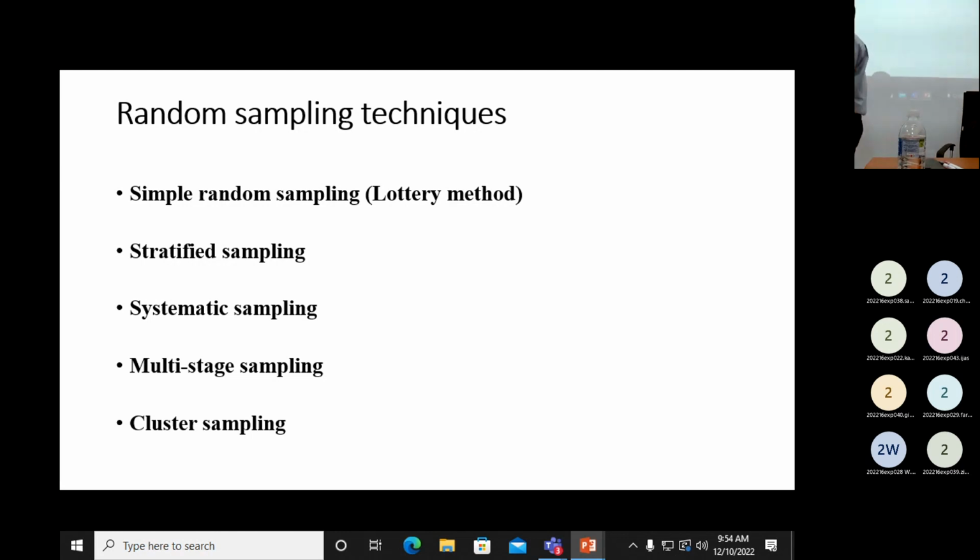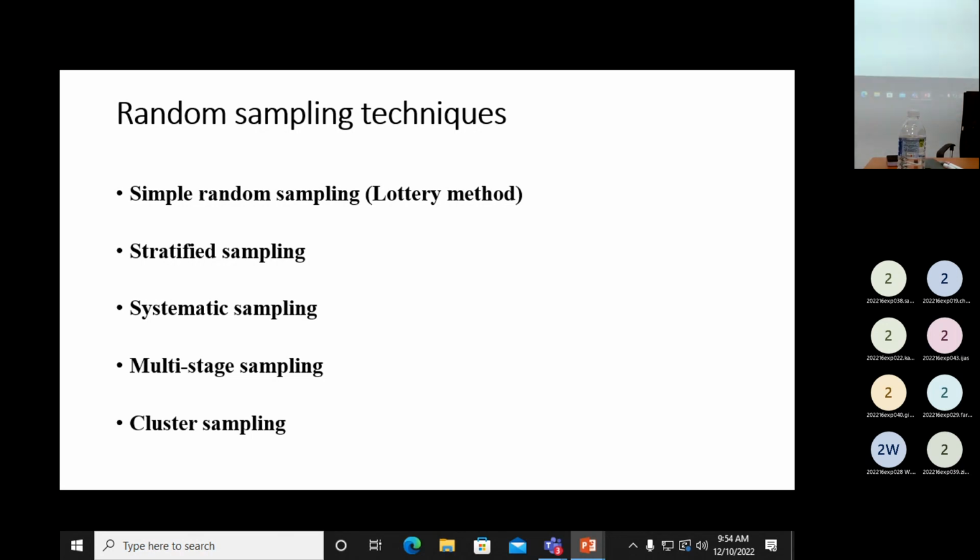Cluster. This is also appropriate in large area studies. Cluster sampling selects some areas which are relevant to our study. Right? This area, this area, this area.